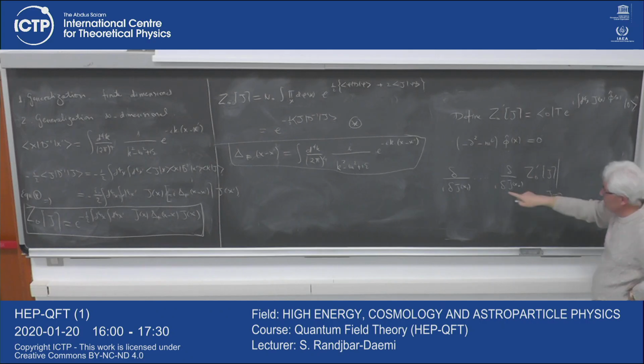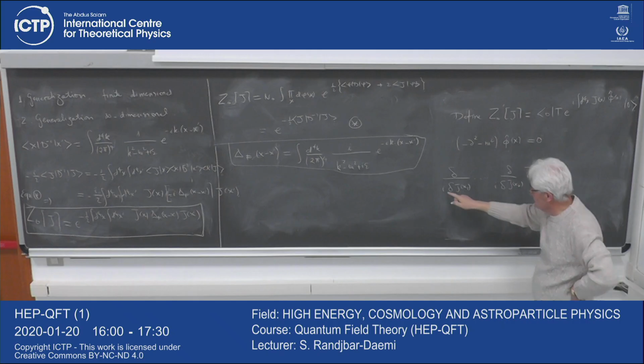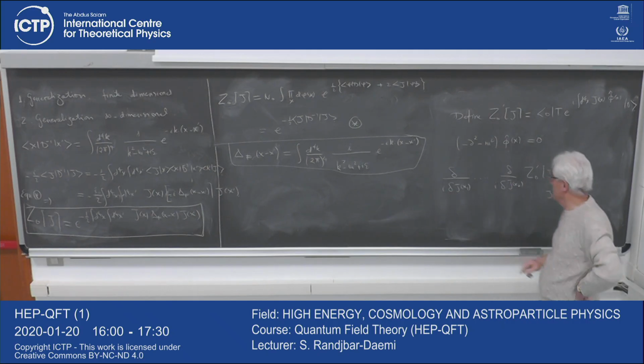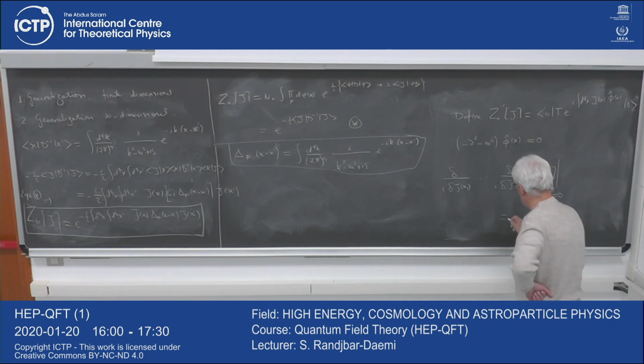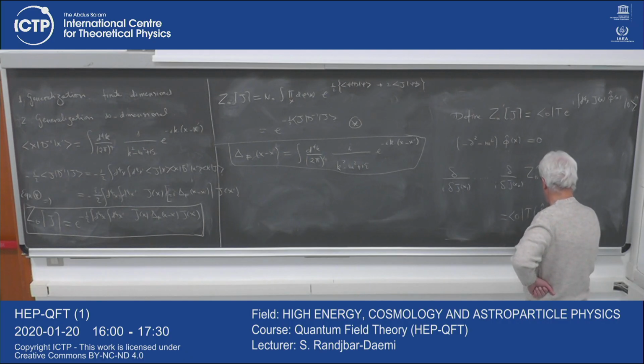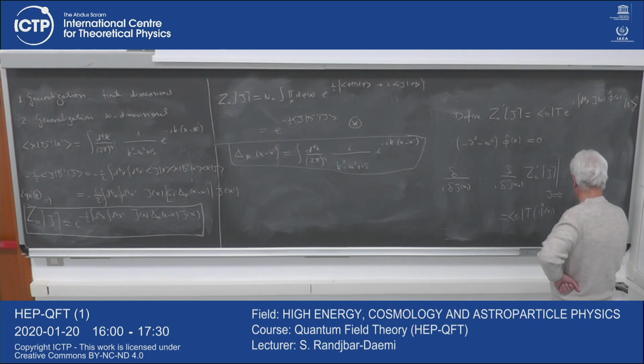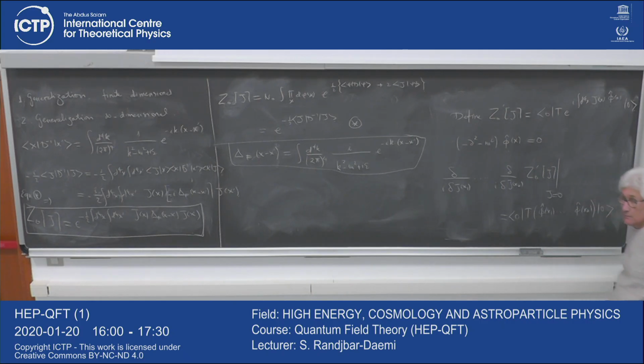There is an i there, and I am putting an i here. Therefore, those i's will cancel. After differentiation, I will set J equal to 0. The exponent will go away after differentiation. The only thing which will survive is the vacuum expectation value of phi hat x1 to phi hat xn. So if I know this functional of J, by differentiating it with respect to J, I can obtain the n-point function for a free field.